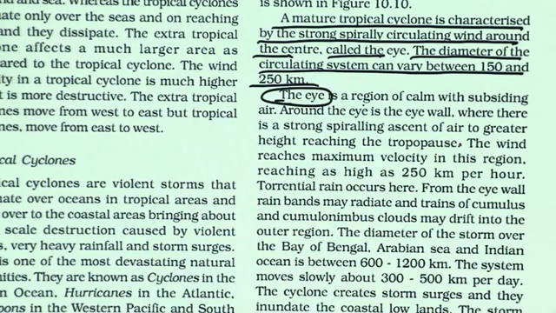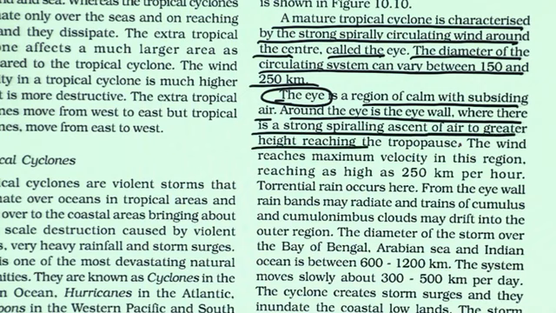The eye is a region of calm with subsiding air. Around the eye is the eye wall, where there is a strong spiraling ascent of air to greater height, reaching the tropopause. The wind reaches maximum velocity in this region, reaching as high as 250 kilometers per hour.